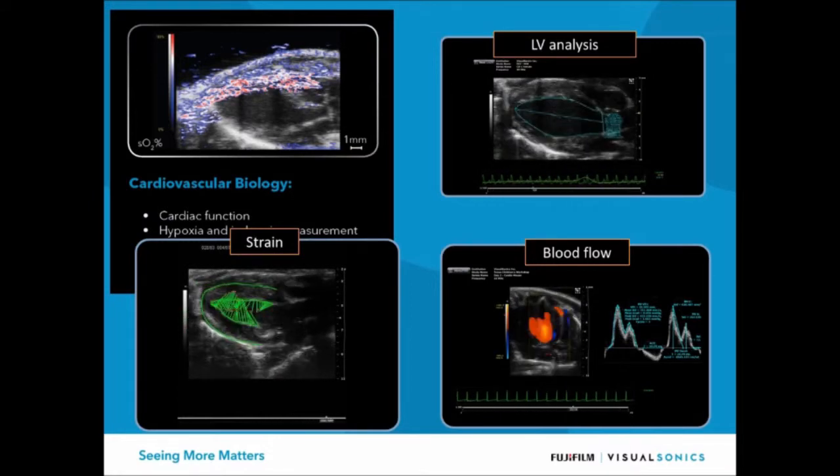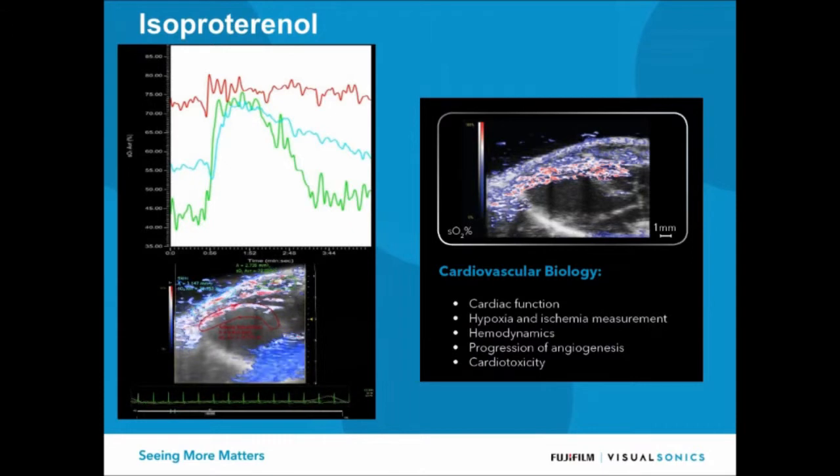But what can the Vevo LAZR, and in particular the Vevo LAZR-X, offer us? This is a proof of concept study that was done recently by Kelly O'Connell, one of our application scientists, where she was injecting isoproterenol, which I believe is a vasodilator. Here we're looking at a long axis view of the heart.